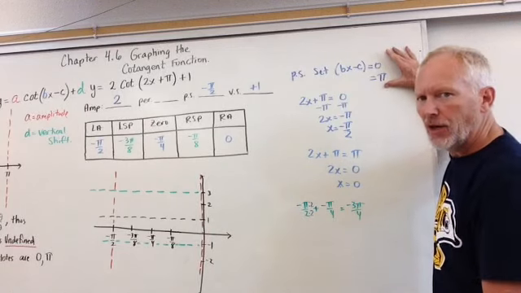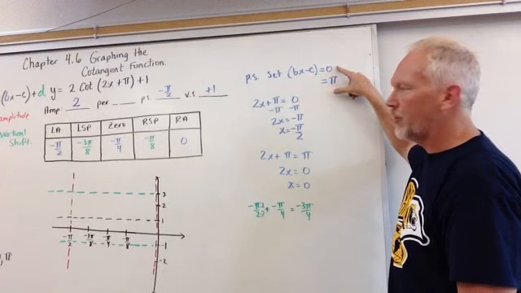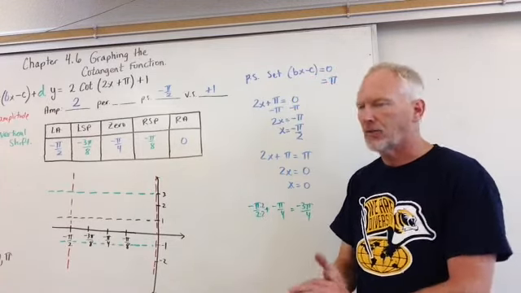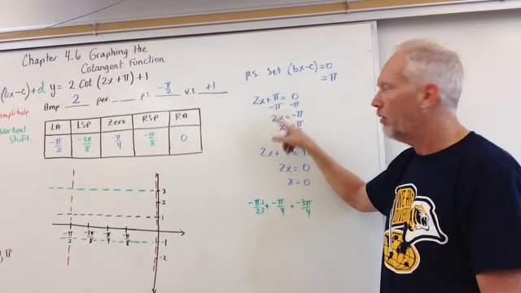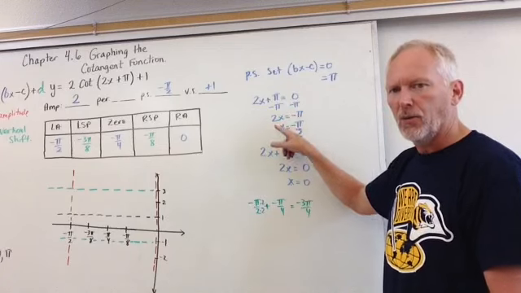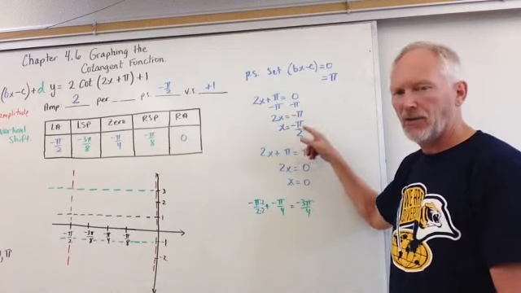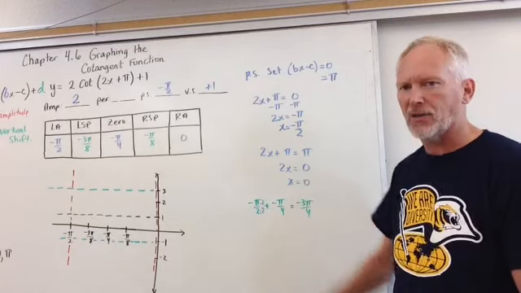So again, for that phase shift, we are going to set bx minus c equal to 0 and pi. Those are our 2 naturally occurring asymptotes. So here we go. 2x plus pi equals 0. We subtract pi. We get 2x is equal to negative pi, and x is finally equal to negative pi over 2. That's our left asymptote.